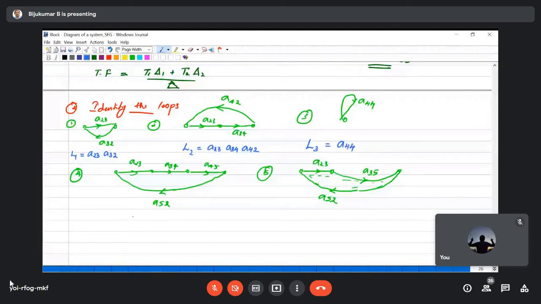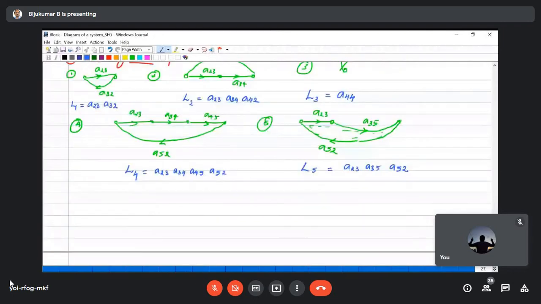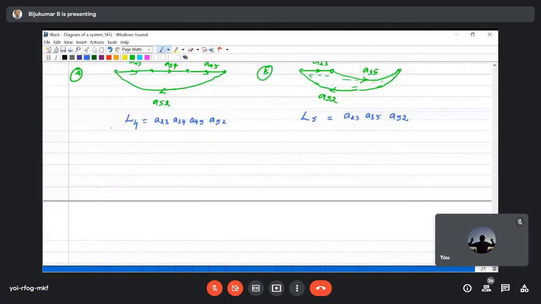Again, L4 can be written as A23 multiplied by A34 multiplied by A45, again A52, and L5 can be obtained as A23, A35 and A52. So we have identified the loops, and the next step is what?